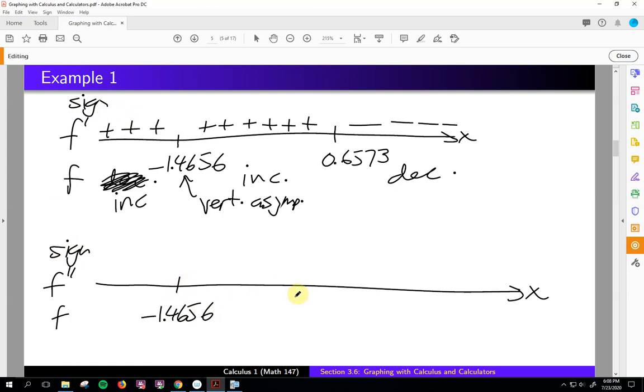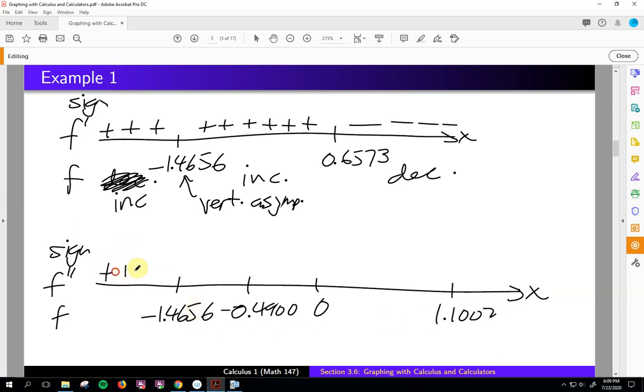And then here are some other possible inflection points. We had one at negative 0.4900, then 0, and then way over here is 1.1002, to keep them all accurate to 4 decimal places.